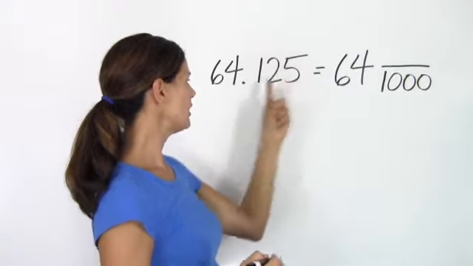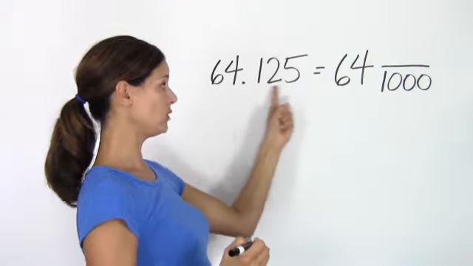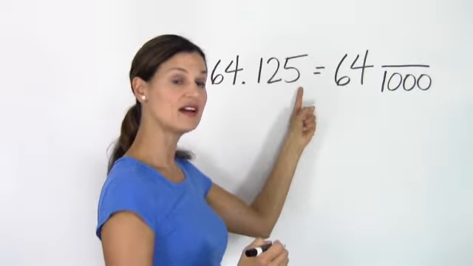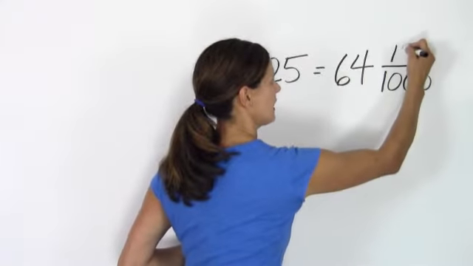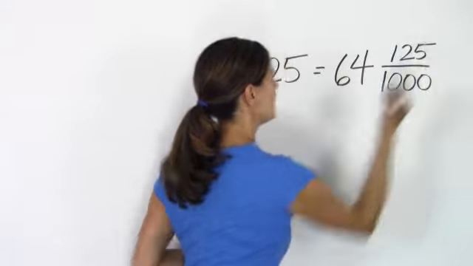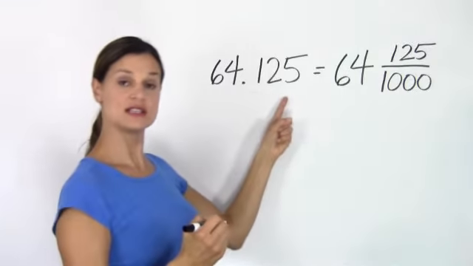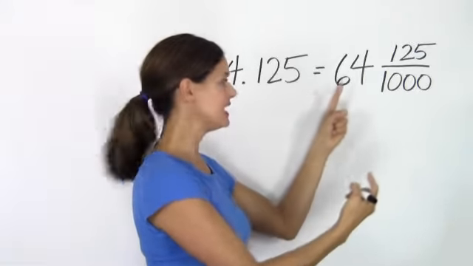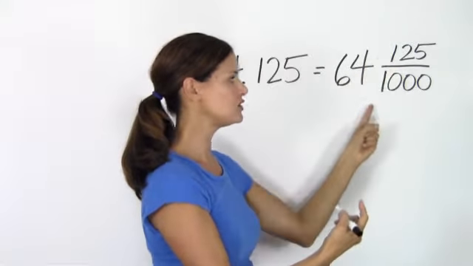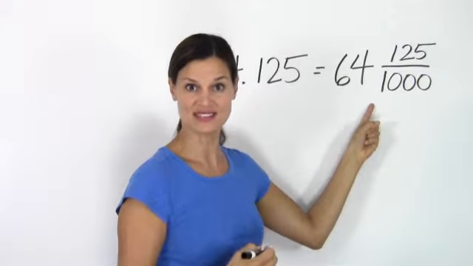The numerator is just going to be this whole number, 125. So all the numbers to the right of the decimal point become my numerator. So 64.125, the decimal, can be written in the fraction equivalent 64 and 125 thousandths.